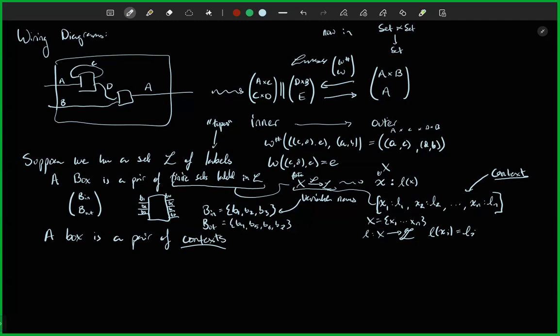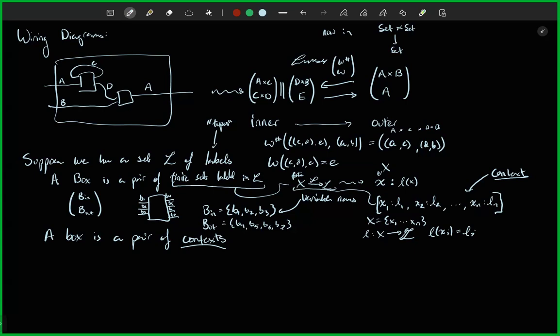But we can also interpret those finite sets as variable names and those labels as their types, which is how we want to think about it ultimately when we do systems, because we think about the variable name as naming whatever is being carried along that wire. So it names an element of the set that's going to be carried along that wire. So a box is a pair of contexts.